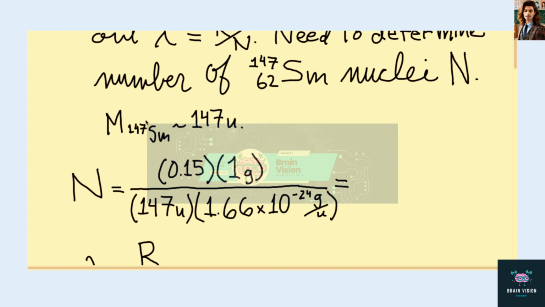We know that the atomic mass is roughly equal to the atomic mass number of an element. We can use that to figure out the number of atoms present of samarium-147 as follows.